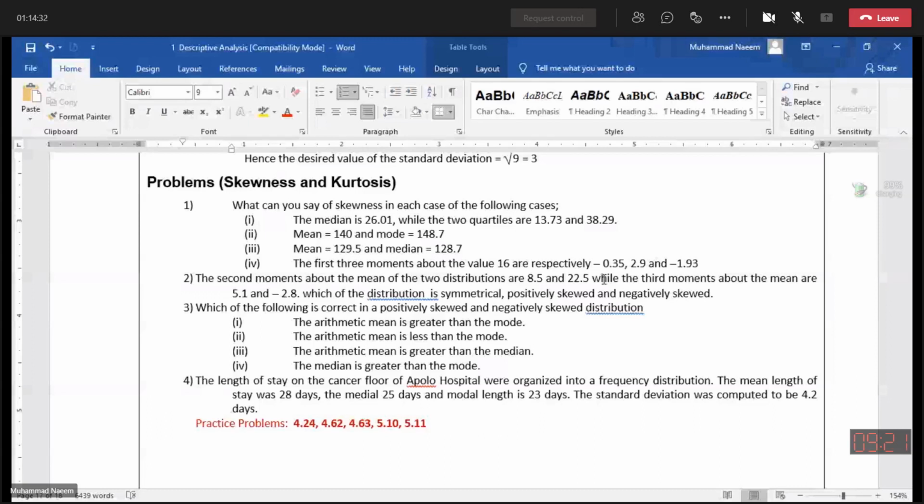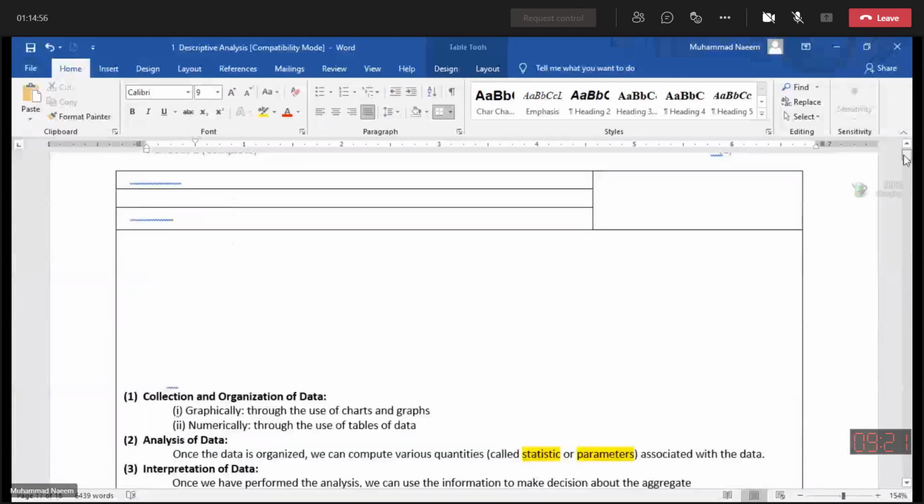And also finally, this one. Try these exercises from the book. Remember, my dear students, we have 5 chapters of this book mentioned very early in my first lecture.